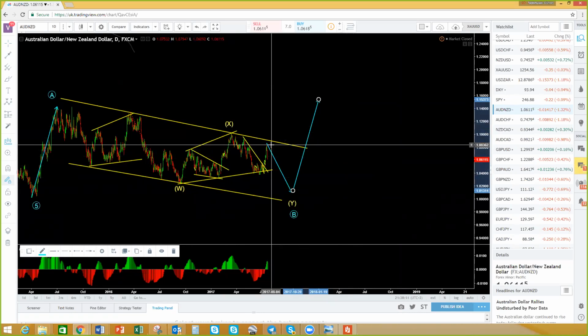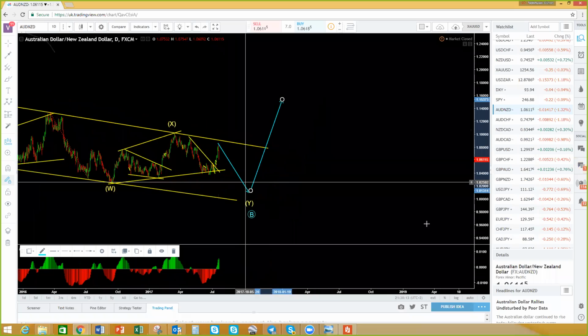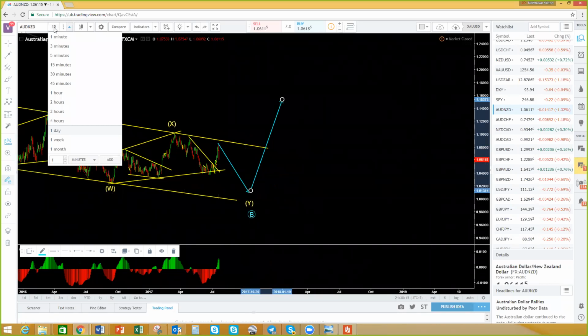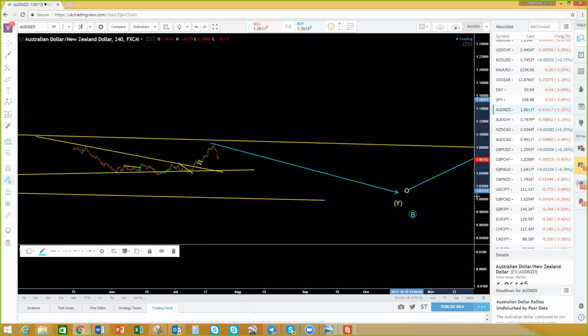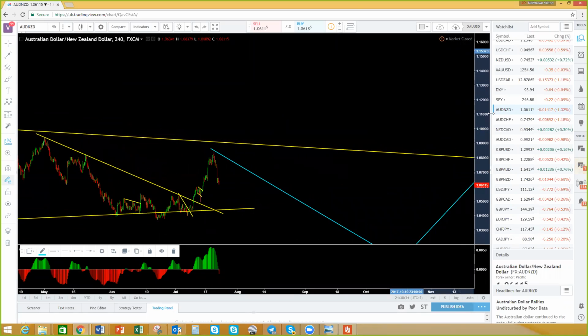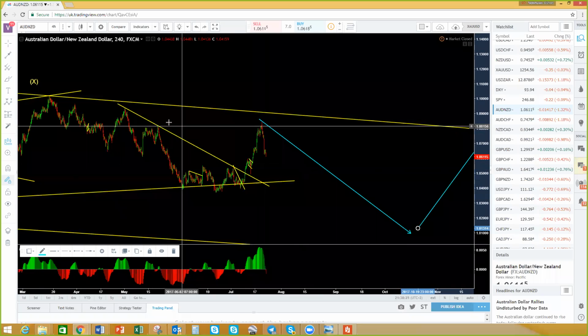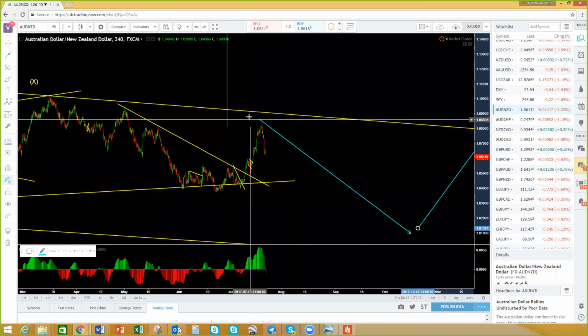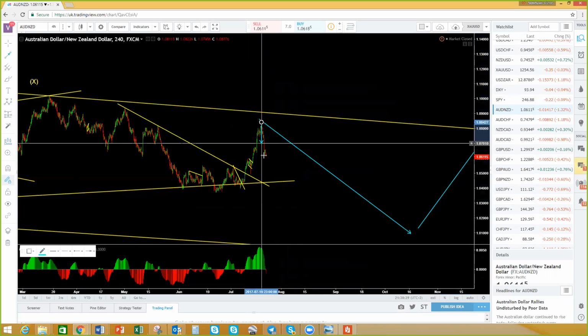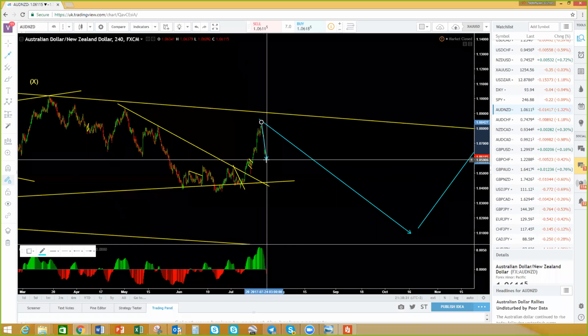But for now, it doesn't mean that while we're waiting, we don't trade. So let me go down to the 4-hour chart and show you what we can have as a trade here. This is that impulse. This is that daily. This is that daily candle that I was talking about. We had this reversal here on Friday.